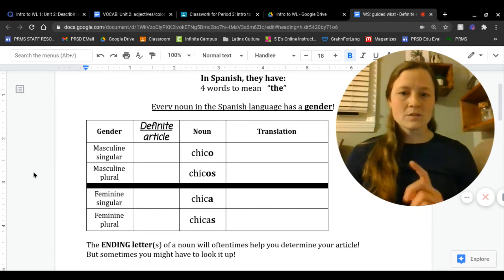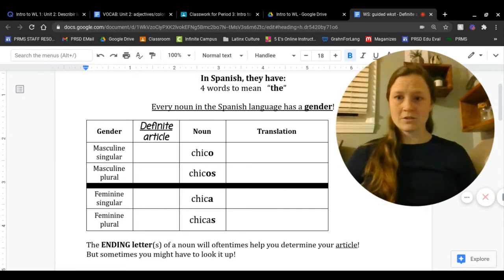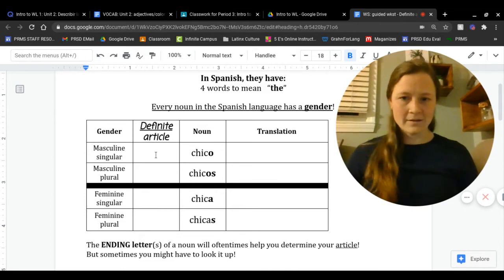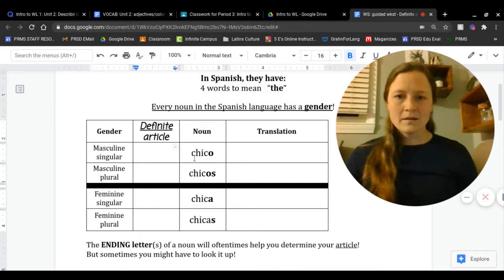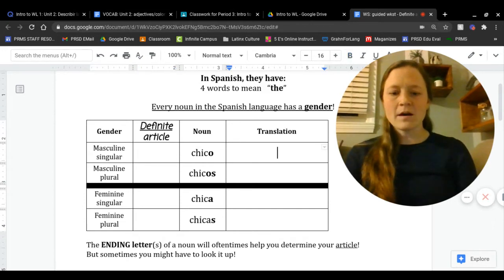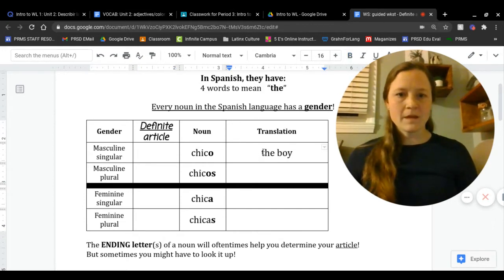So let's get started. We're going to start with the words for "the" in Spanish. And there's a bit of a pattern, and I'll point it out to you in a minute. Anytime I want to say, for example, the boy, I have chico. Chico means boy. The word for "the" is going to be el chico.